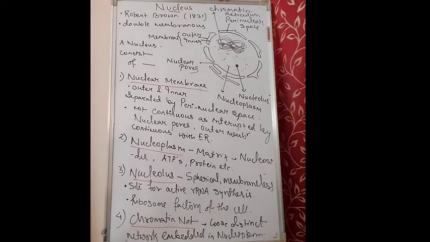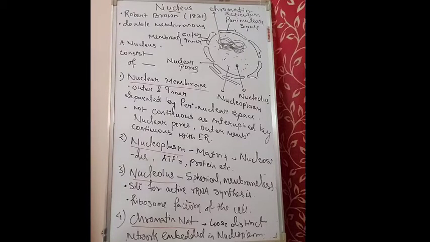So this membrane is not continuous throughout the nucleus, but it is interrupted by some pores, which are known as nuclear pores. And the function of nuclear pores is that they help in the movement of materials. Whatever is synthesized inside the nucleus is allowed to move to the cytoplasm through these nuclear pores, and whatever is synthesized outside the nucleus, in the cytoplasm, is allowed to move into the nucleus.